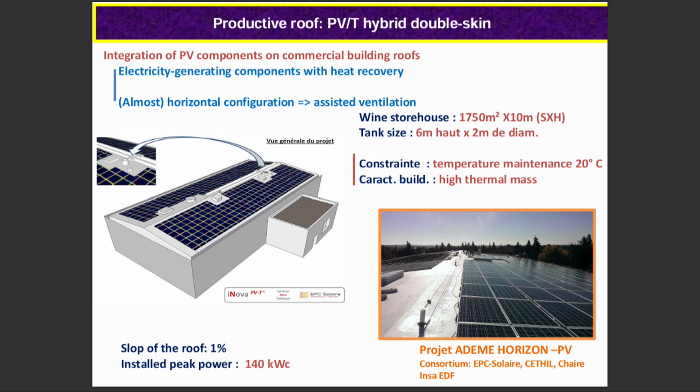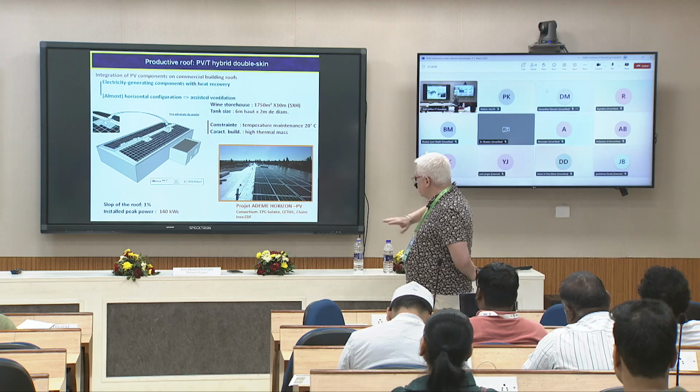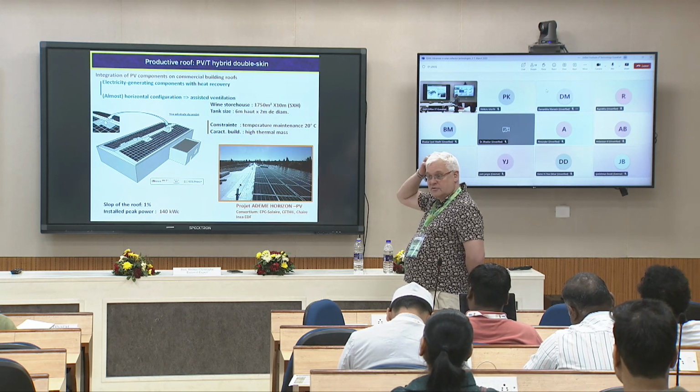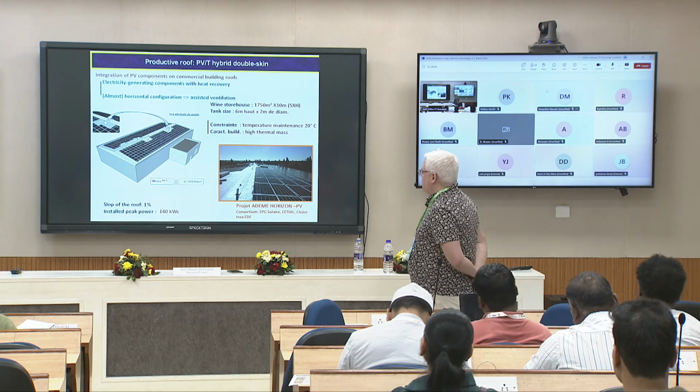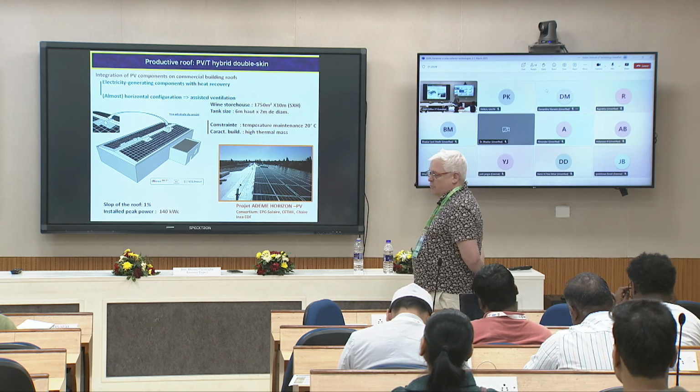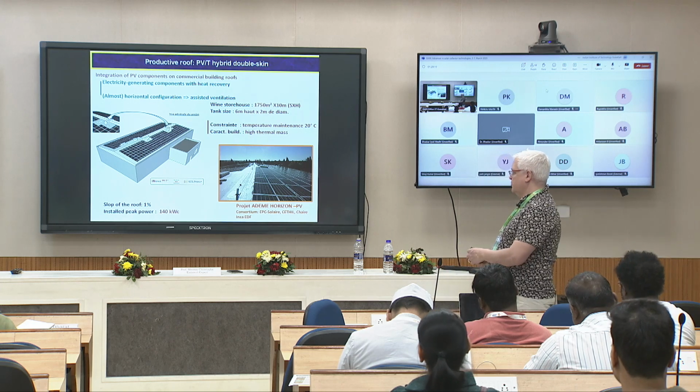It was interesting, not because of the wine, but because of the characteristics of the building. We wanted to develop an installation that could produce electricity massively, because using a big industrial structure roof is interesting, and also to try to answer part of the needs of the building.